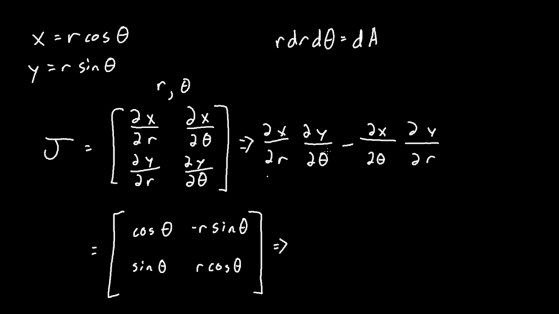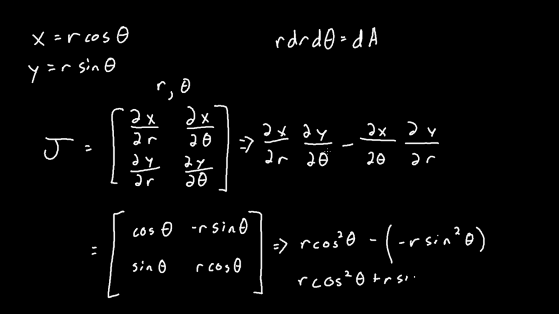But then after that, what do you do? Well, it's simple. Just look at this general formula, or just remember that you multiply the crosses with each other. So you multiply first the top left with the bottom right. This is r cosine squared theta minus negative r sine theta times sine theta, which is negative r sine squared theta, which is simply r cosine squared theta plus r sine squared theta.